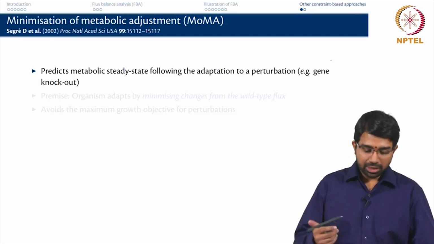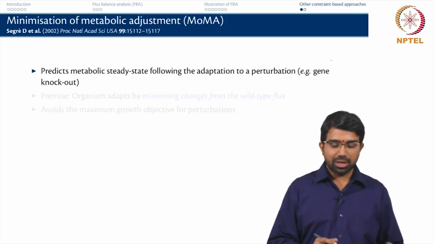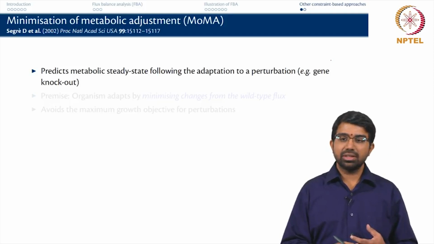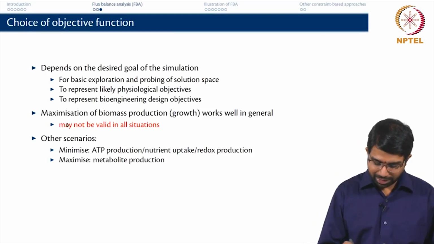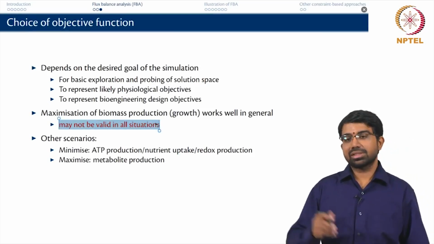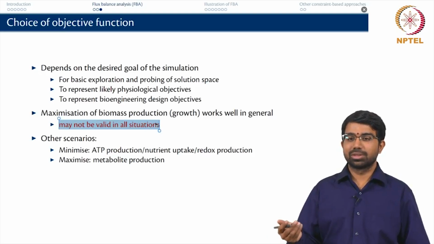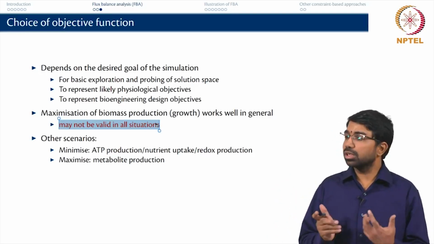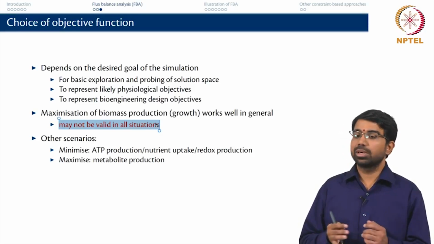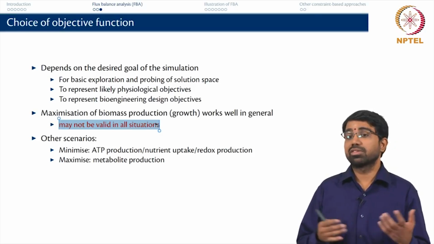The first of them is known as minimization of metabolic adjustment. Segre and co-workers came up with another strategy, which said that, as I had on my previous slide, it may not be valid in all situations to just keep saying maximize growth rate. When you are essentially harassing a cell by knocking out a couple of genes, you do not expect the cell to maximize its growth rate, it might only be trying to survive.